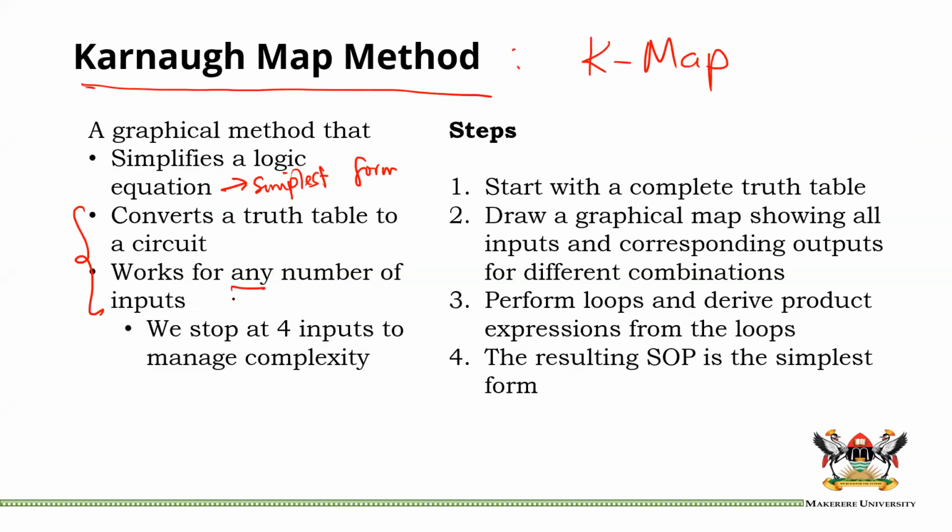We can work with this for any number of inputs, but the larger number of inputs basically make the situation more complex. And so in this book, we stop at 4 inputs to manage complexity, but we need to realize that this stuff can also be done by computer programs.